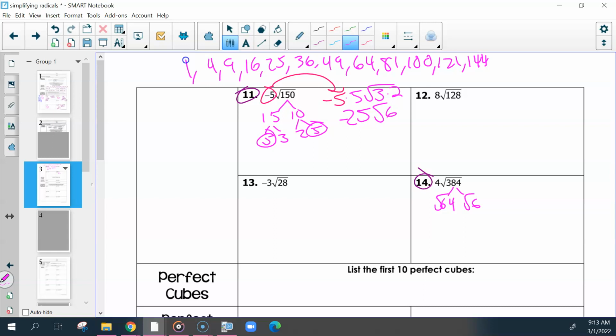Square root of 64 is what? 8. And we have the square root of 6. But we need to remember that 4 on the outside. So what would our final answer be?